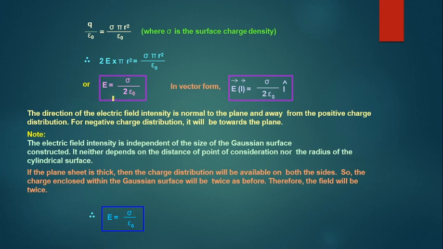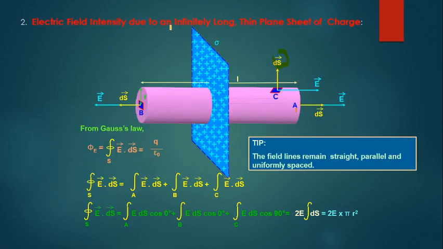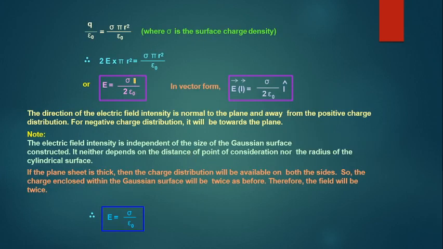This is the electric field due to a uniformly charged, infinitely long thin plane sheet of charge: E equals sigma divided by 2 times epsilon naught. We can write this in vector form: vector E equals sigma divided by 2 epsilon naught times n cap. The direction of the electric field intensity is normal to the plane.